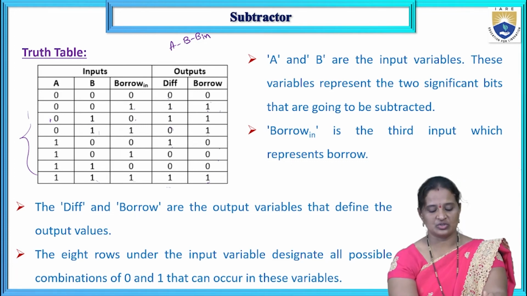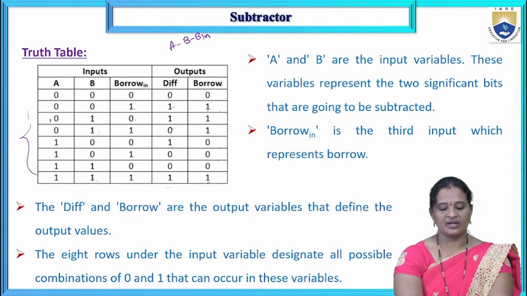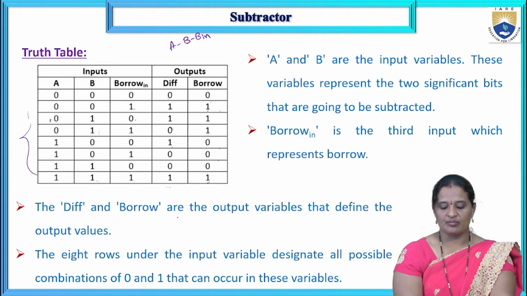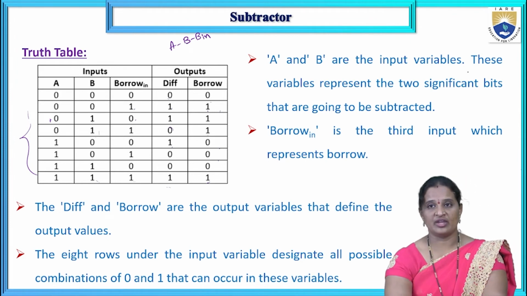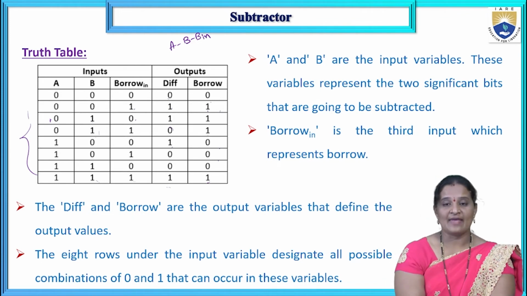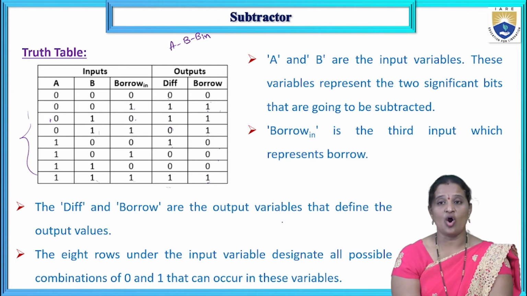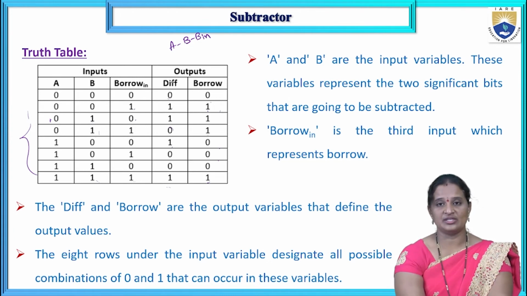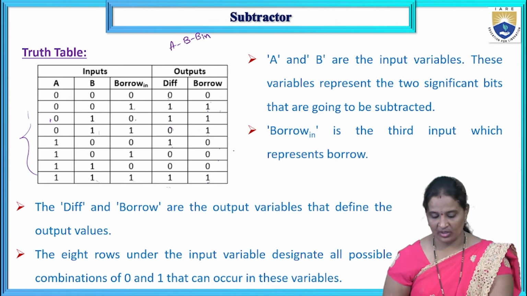Now by observing this truth table, A and B are the input variables. These variables represent the two significant bits that are going to be subtracted. Borrow in is the third input, which represents the borrow. And difference and borrow output are the output variables that define the output values. So here are all the combinations for which the difference output and borrow output are equal to 1.